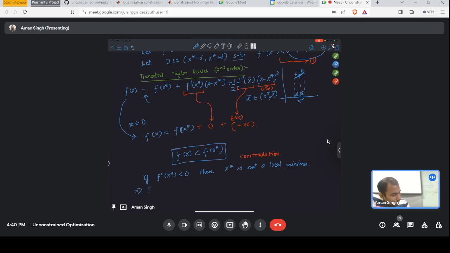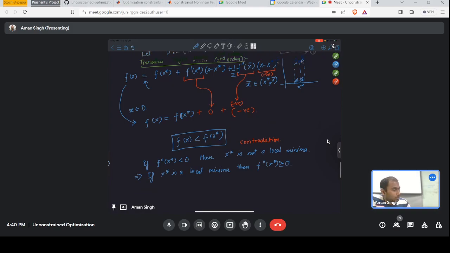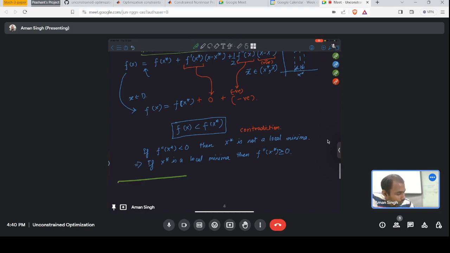Or we can also say if x star is a local minima, then f double dash x star is greater than or equal to 0, correct? So this is what we have proven.